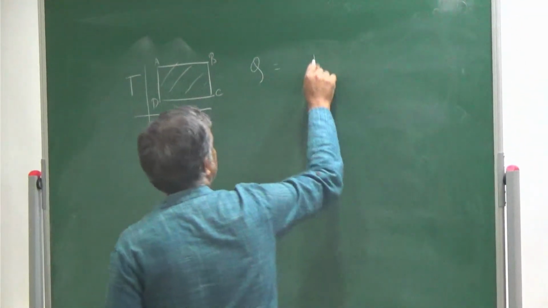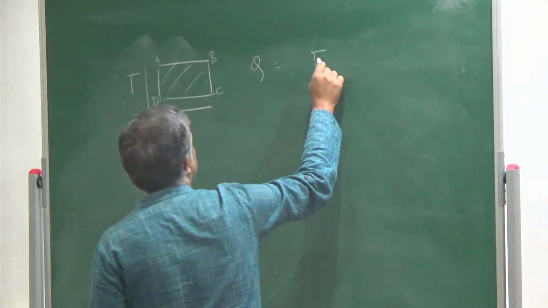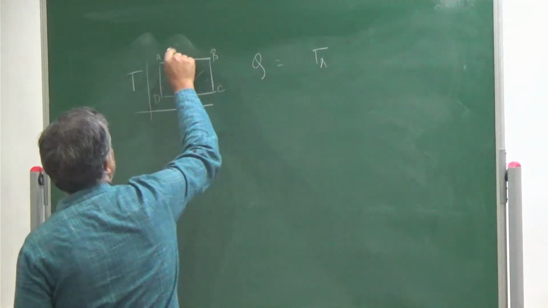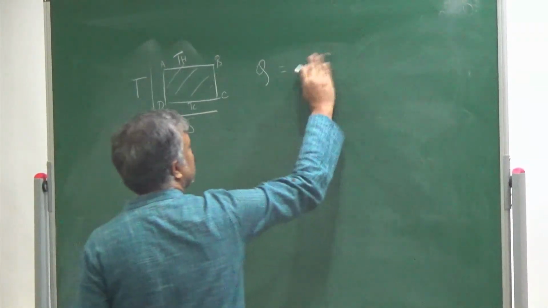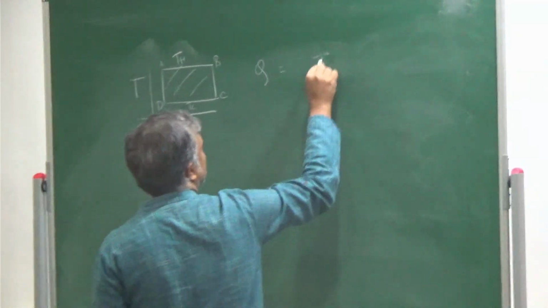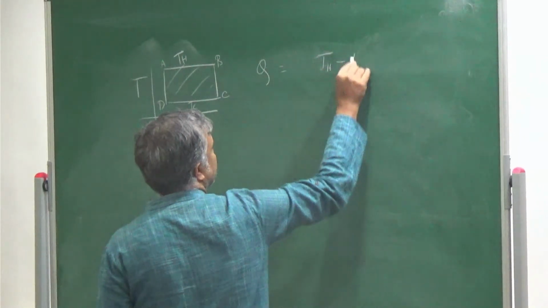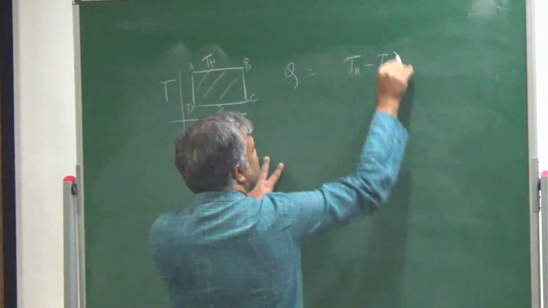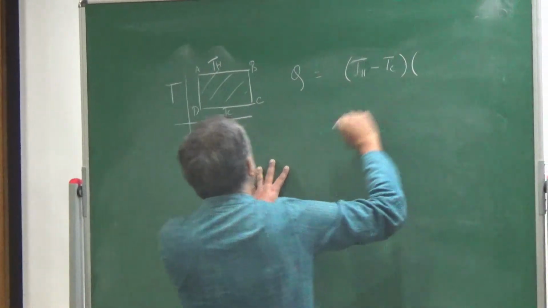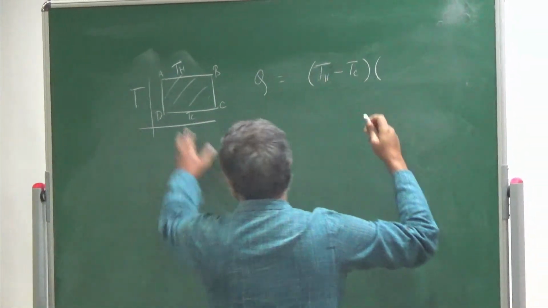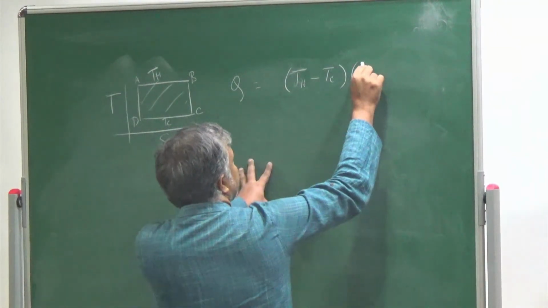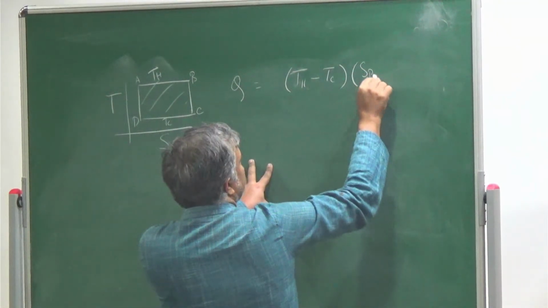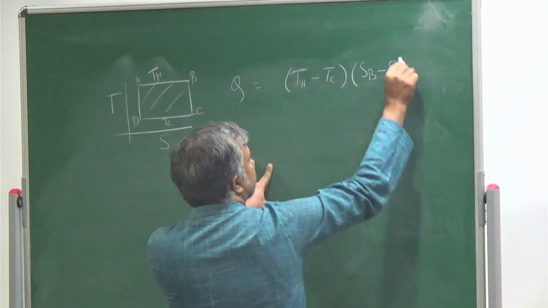You have A, B, and this is the DC line. So these are isothermals. So you have TH minus TC, and then you have the TdS, so you have S_B minus S_C.